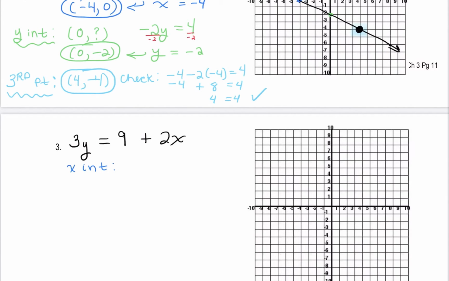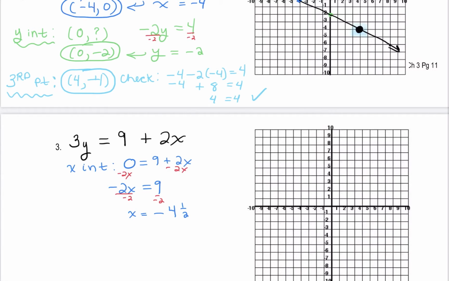For an x-intercept, that's where we sub in 0 for y. In fact, I'm not even going to write that much work. 0 for y gives me 9 plus 2x. Let's finish solving for x. In this case, I'll subtract the 2x over to the left-hand side. So -2x equals 9. Then we divide both sides by -2, and I have 9 over -2, -9/2, which in order to plot it would be -4.5.